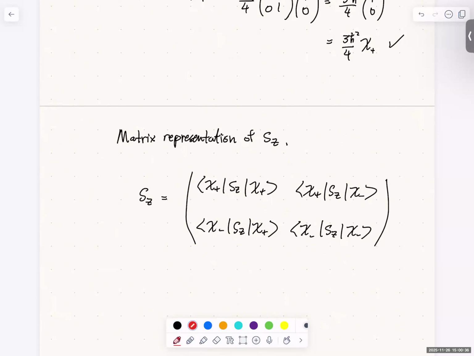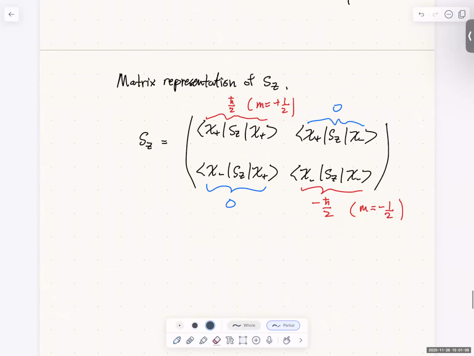And so we end up here with h bar over 2. Here, we're going to get minus h bar over 2. This is because m is equal to minus a half for chi minus, and m is equal to plus a half for chi plus. Over here, we're going to get 0 and 0 because we have orthogonal basis eigenstates in those positions.